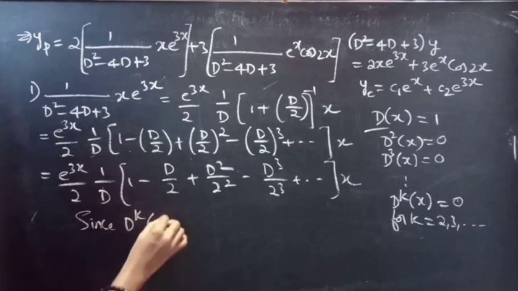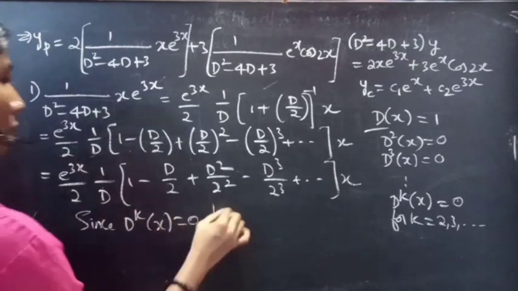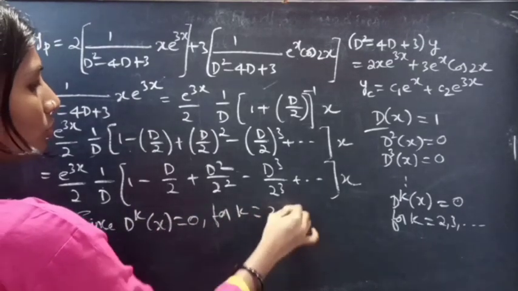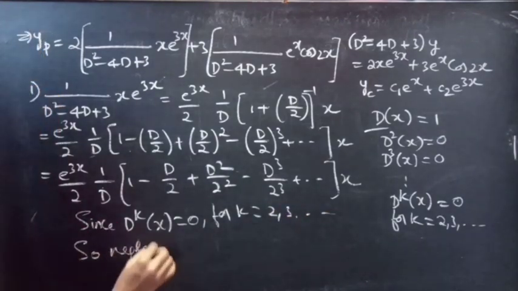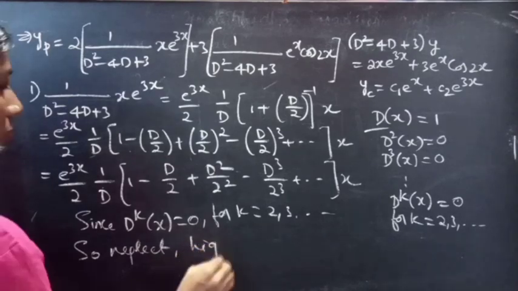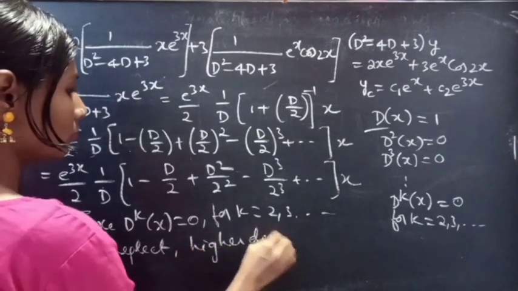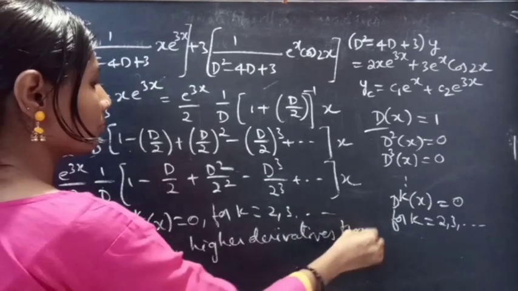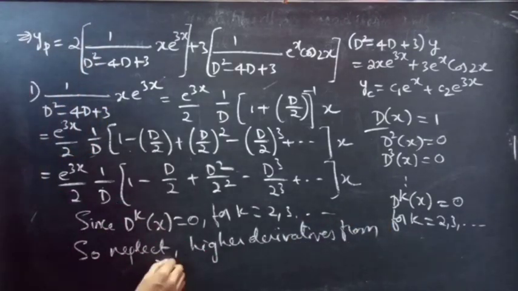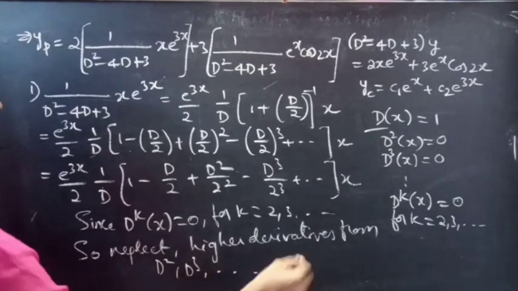since d power k of x equals 0 for k equals 2, 3 and so on. So neglect higher derivatives from d square, d cube and so on, right?